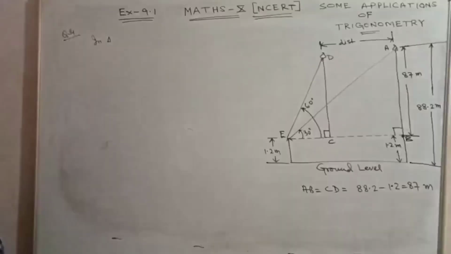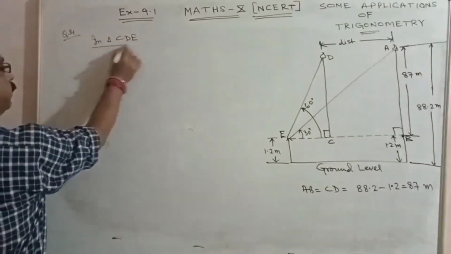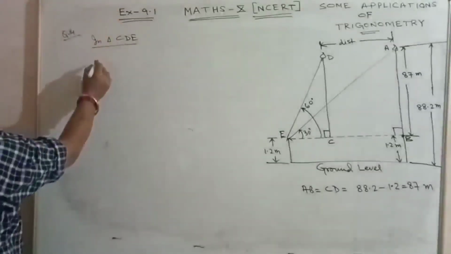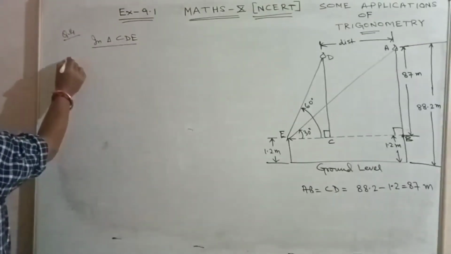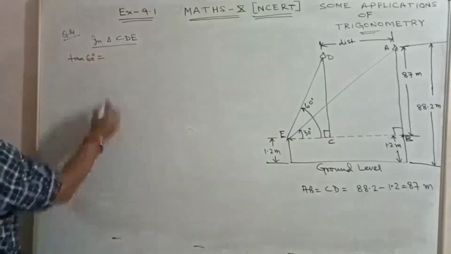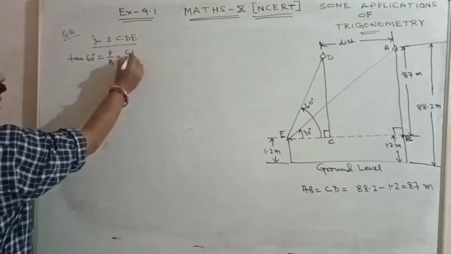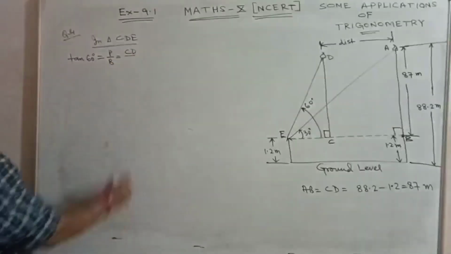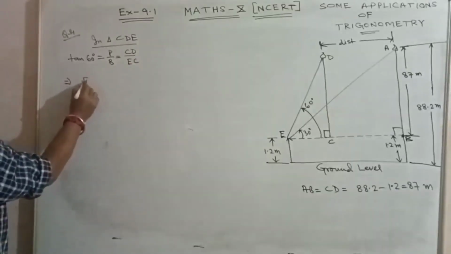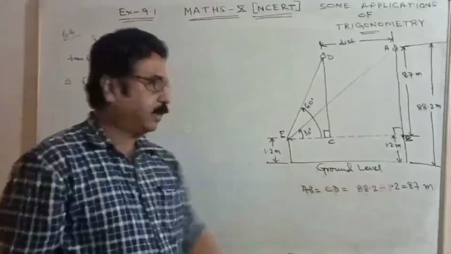Now in triangle CDE, tan 60 degree equals perpendicular upon base. Perpendicular is CD, base is CE. Tan 60 is root 3. CD is known, 87 meter.